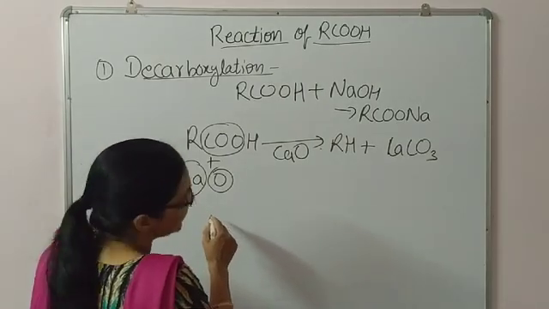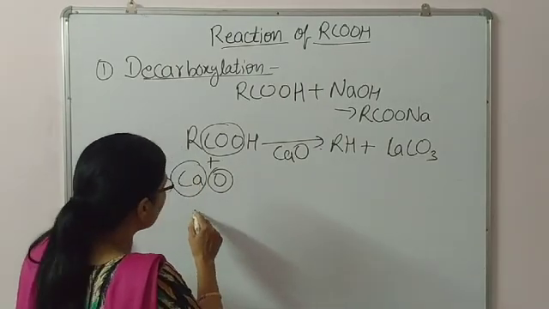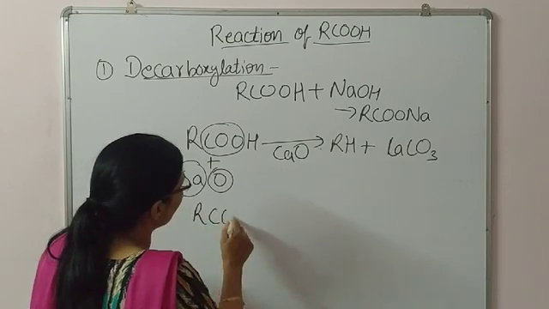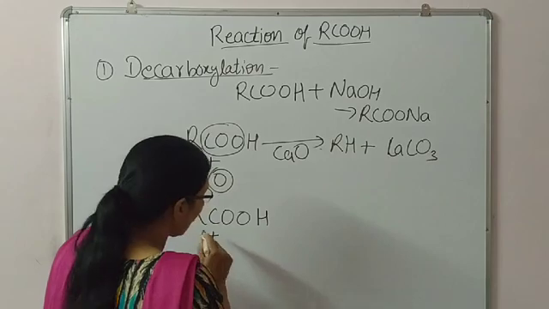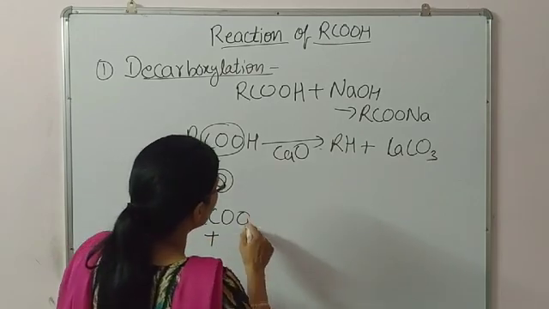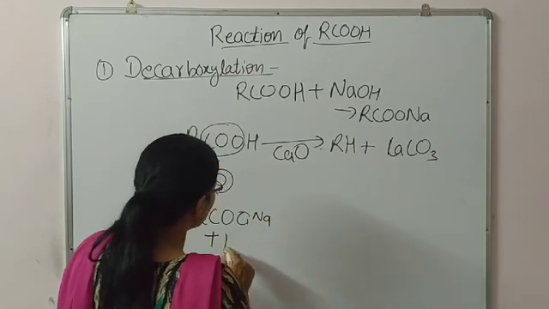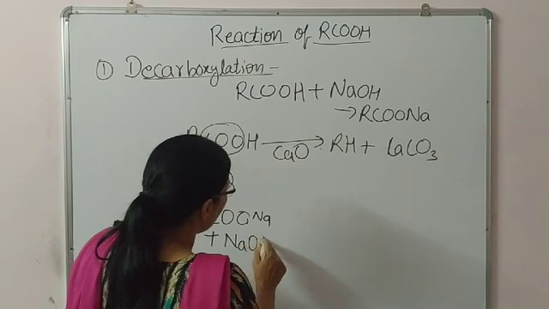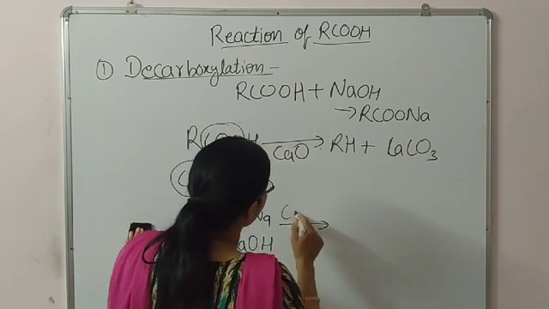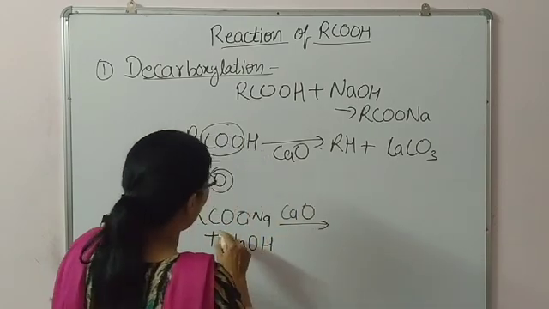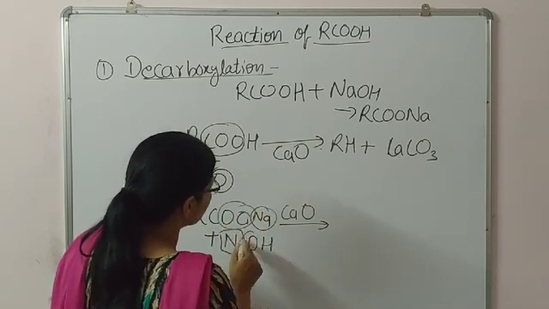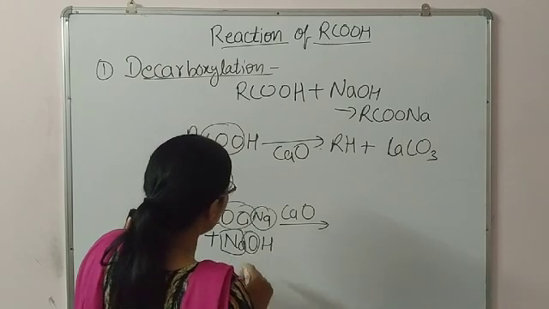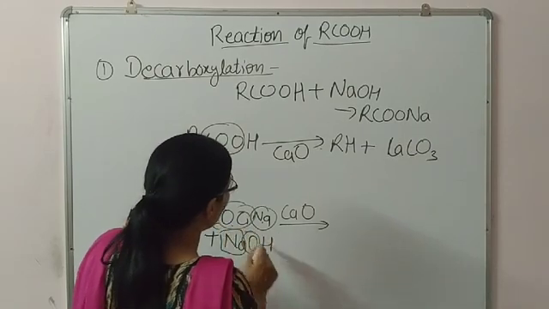For example, one more method: RCOOH or RCOONa plus NaOH in the presence of CaO, Na2CO3 will be removed.